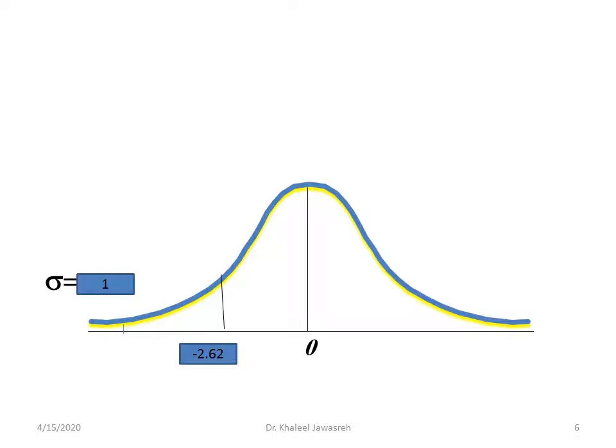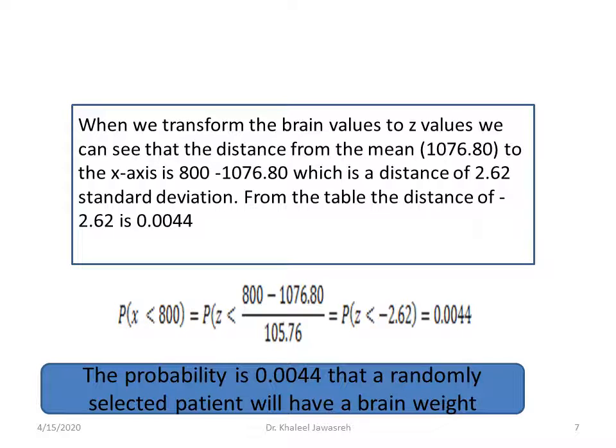And as you see here, we add a value, minus 2.62. From where do we get this number?